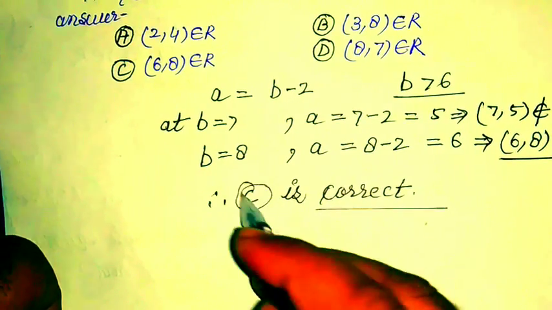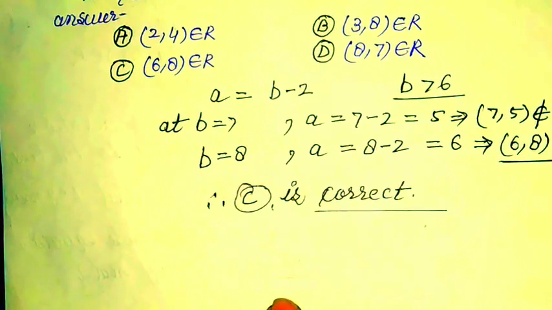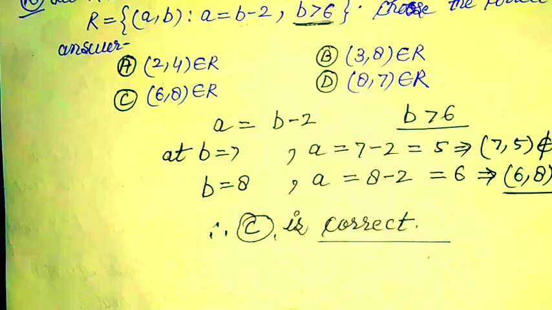The C part is correct. So this is Exercise 1.1 of Class 12 mathematics. We did all the questions in videos, so I hope you have cleared each and everything.